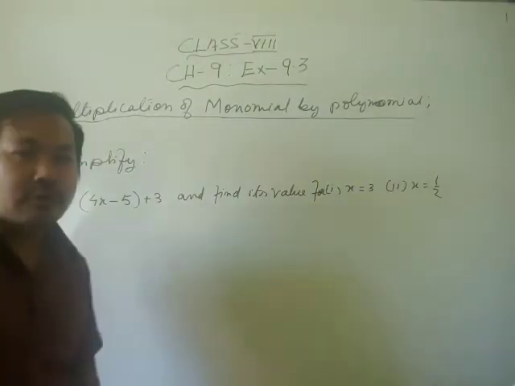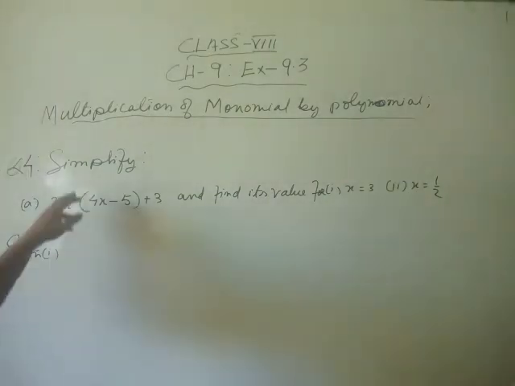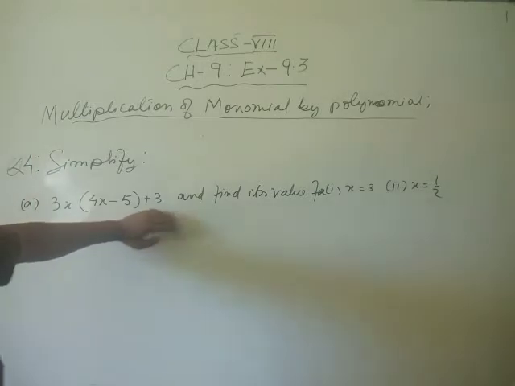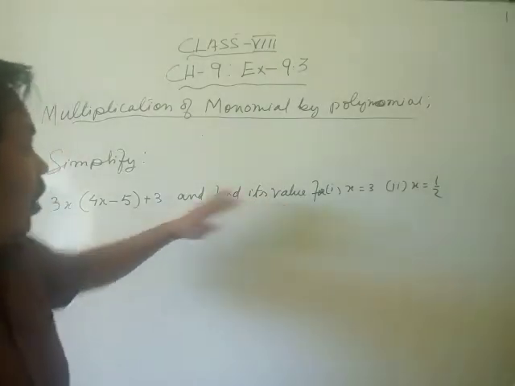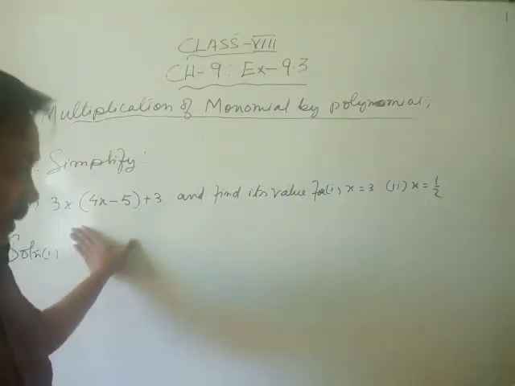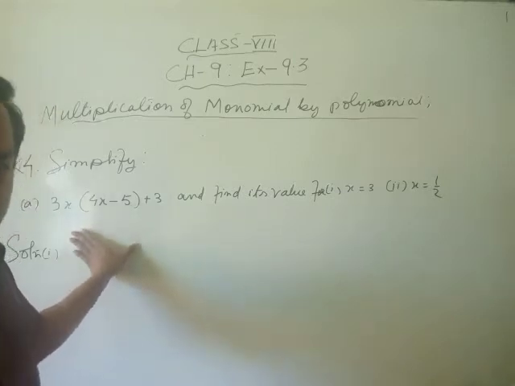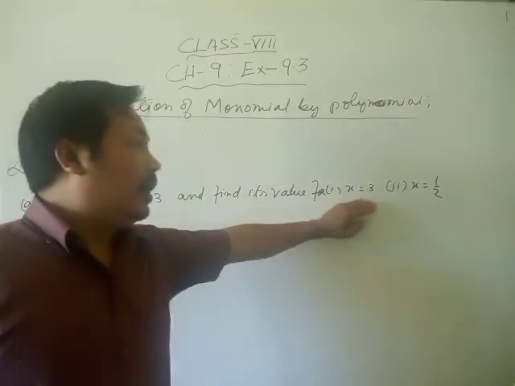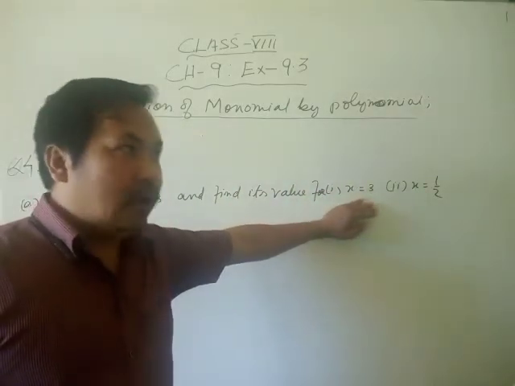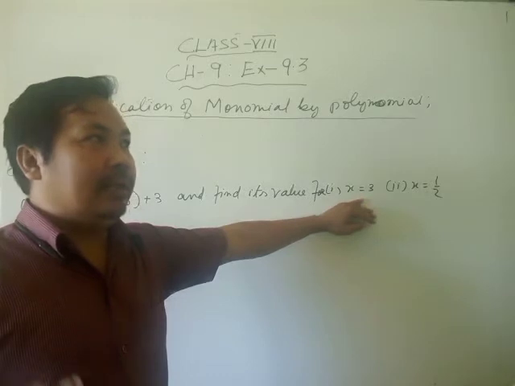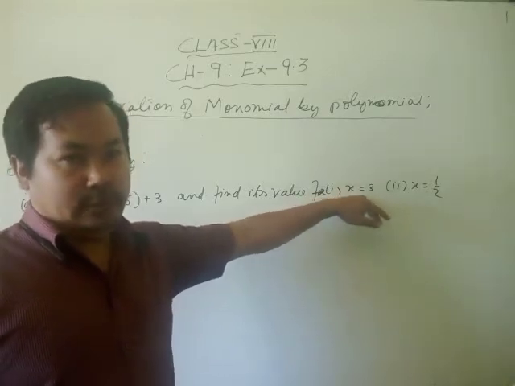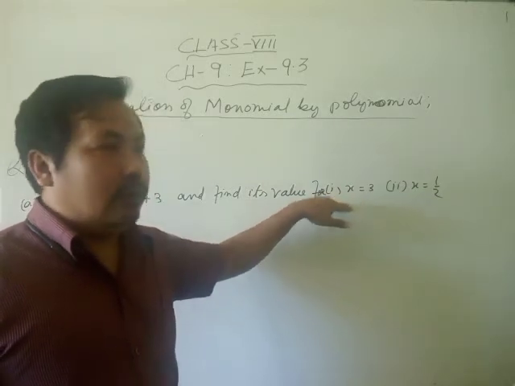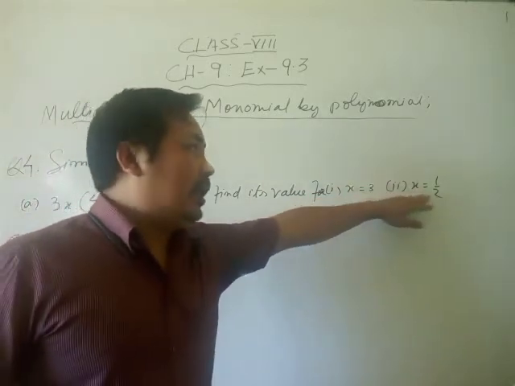Hello dear student, the next question is question number 4, and it is asking you to simplify the expression and find its value. Find the value of the expression by putting x as 3 in Roman 1, and next x as 1 by 2.